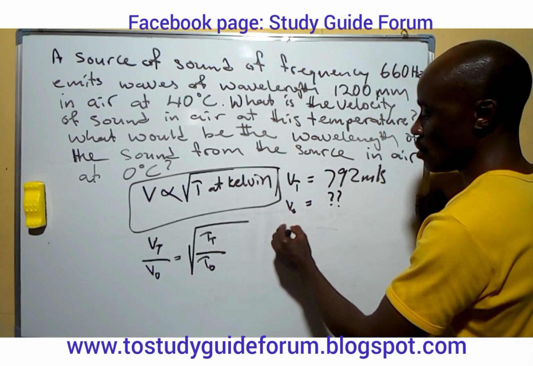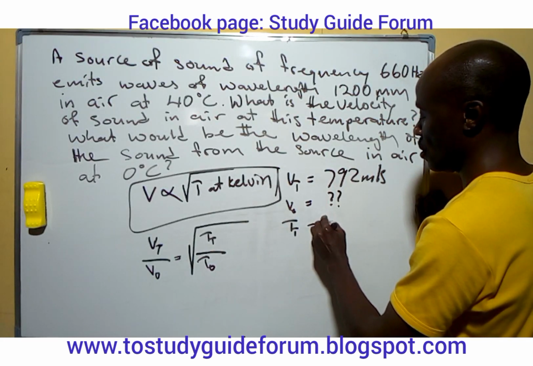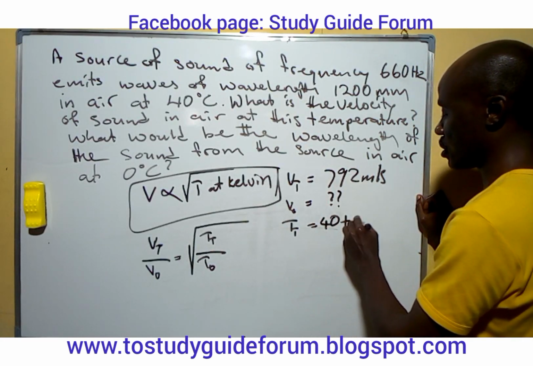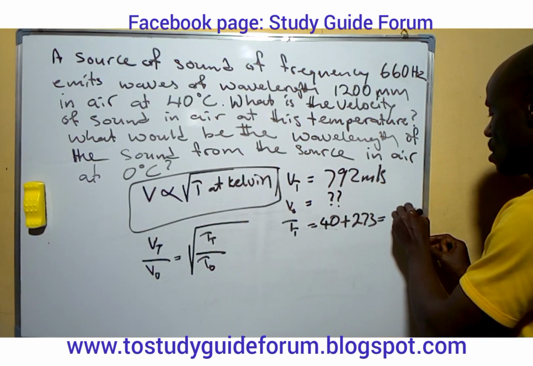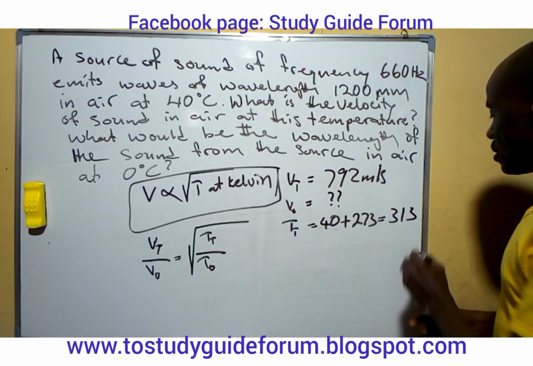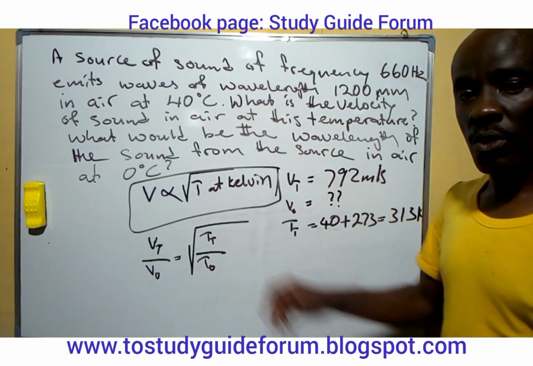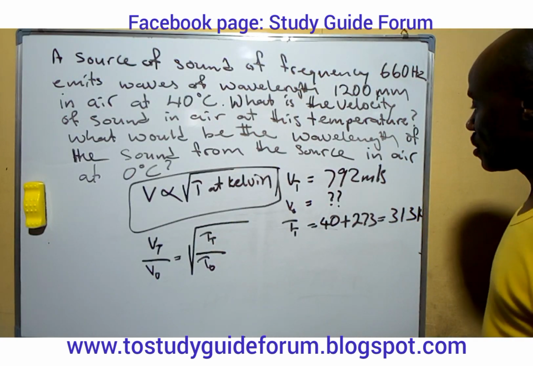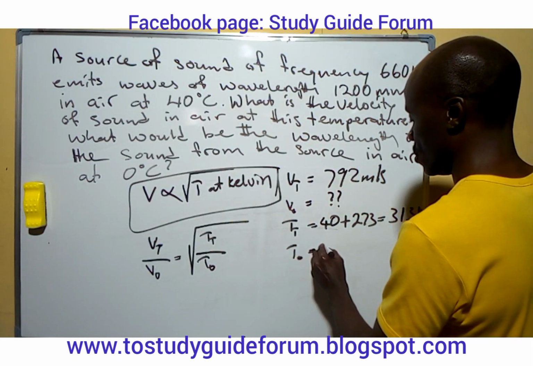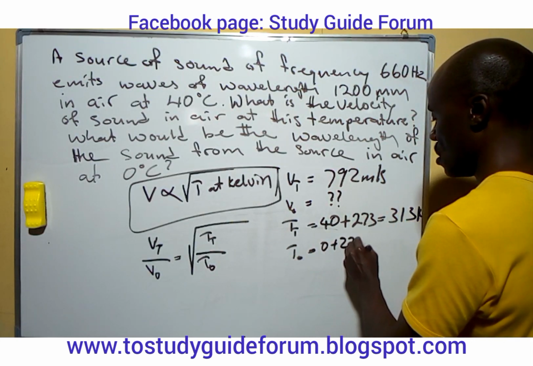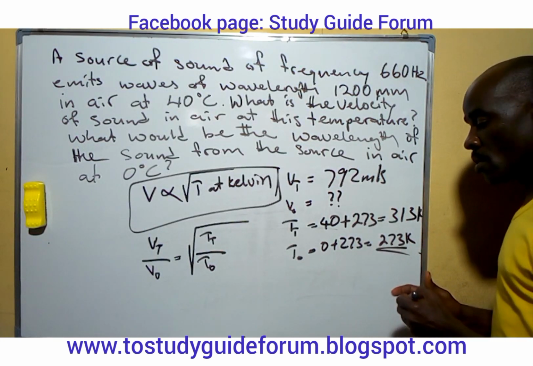The temperature of this one is 40 plus 273, and it has to be converted to Kelvin. The other one is 0 plus 273, that will give us Kelvin.